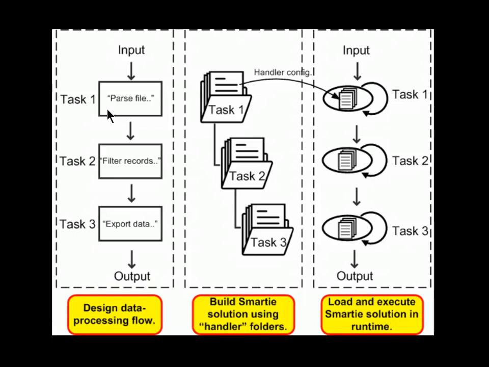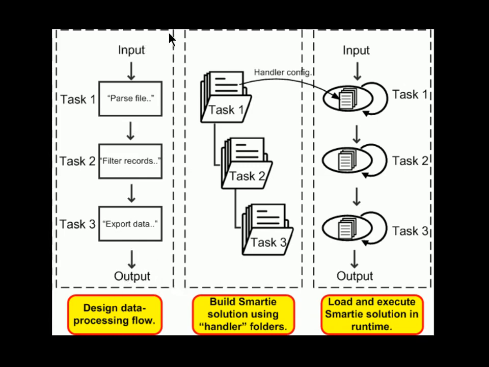Smartie Solution is basically an interfacing program, or data processing building tool. For interfacing or data processing, normally you have a requirement of some sort. Basically, you have some sort of input data. You want to do certain things with the data, and you capture the output at the end.